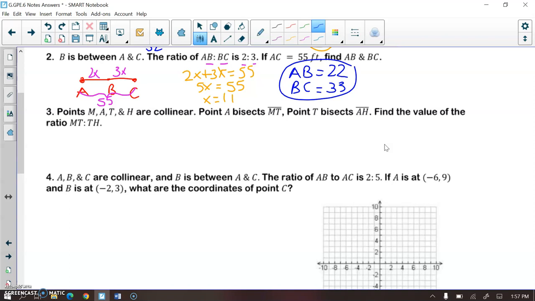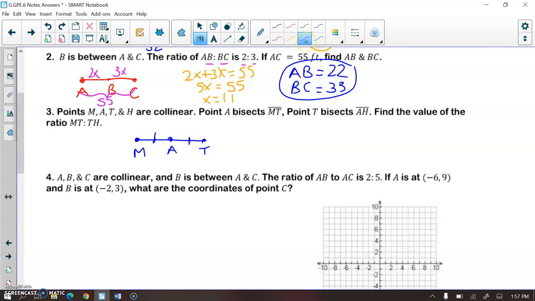All right, number 3, M, A, T, H are collinear. That means that it lies on the same line, where point A is going to bisect MT. So that means that point A is directly in the middle, and MA and AT are congruent.